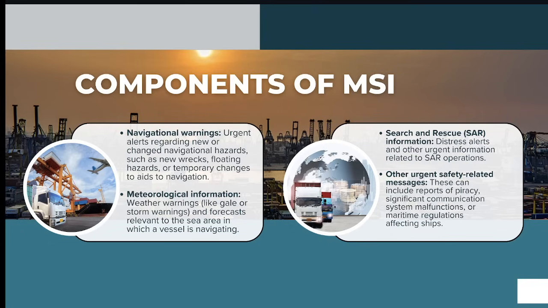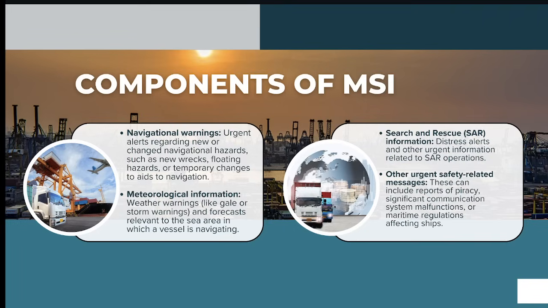Next, another component is the meteorological information. Meteorological information covers weather warnings, like gale or storm warnings, and forecasts relevant to the sea area in which the vessel is navigating.